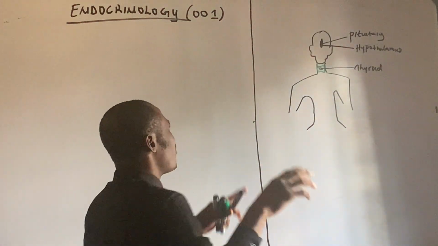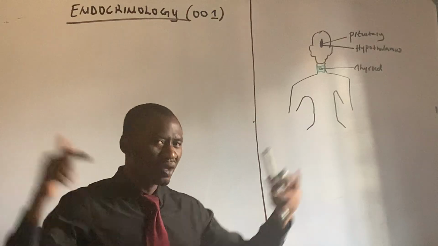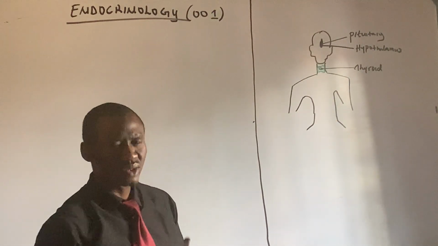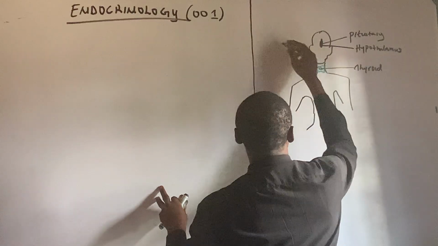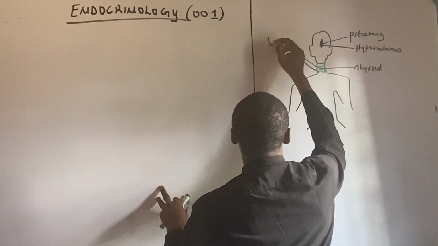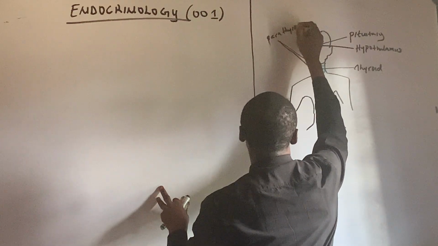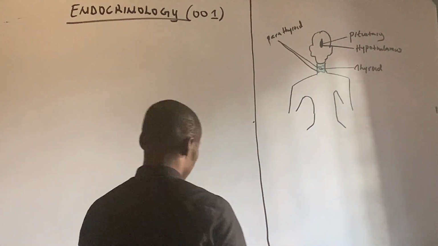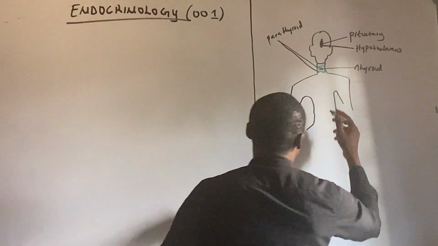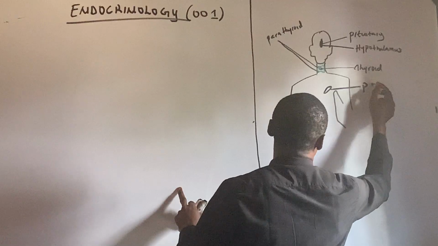Now, the four corners of the thyroid gland is what we call the parathyroid glands. So we can call this the parathyroid gland. Okay, now over here is what we call the pancreas.